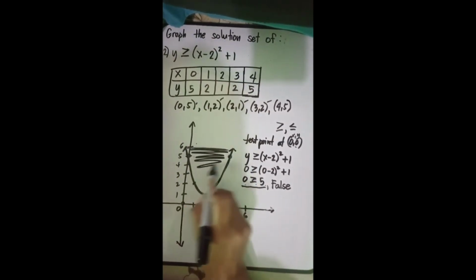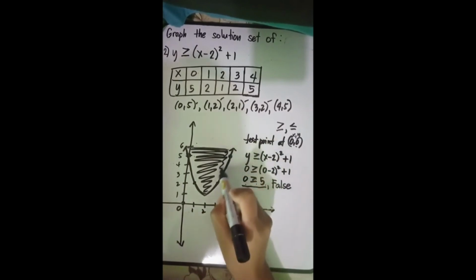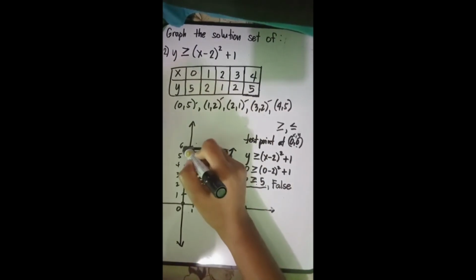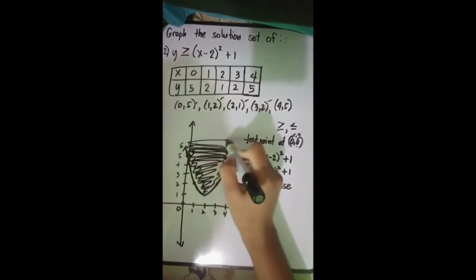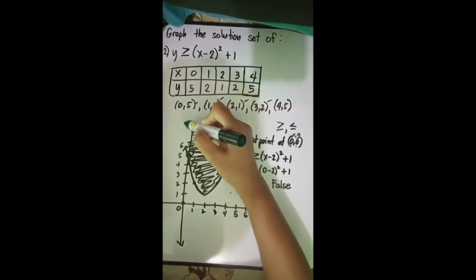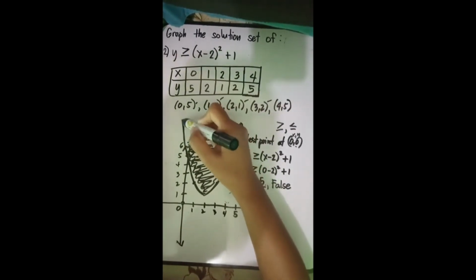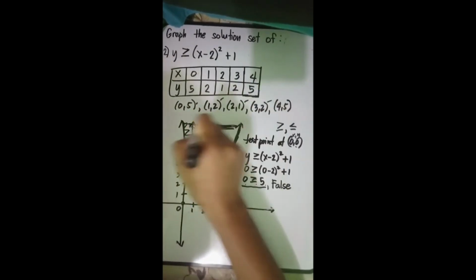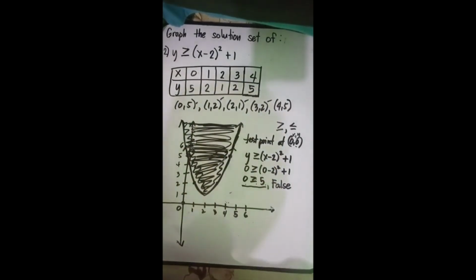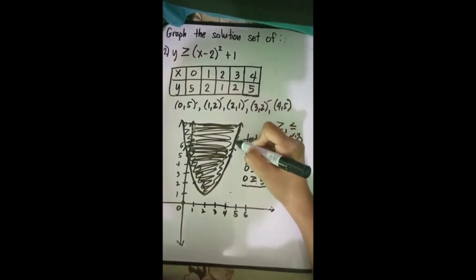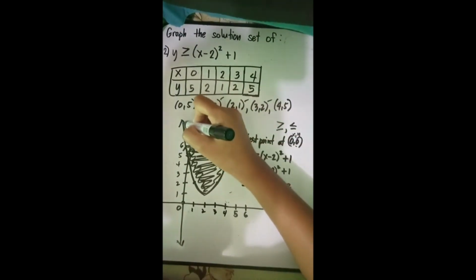Isi-shade natin ito. Okay? Isi-shade natin yan. Ibig sabihin lang nito, lahat ng points na nasa interior or above our parabola, extend natin. Yan. Okay. Lahat ng mga to, lahat ng points na nandito sa shaded region are part of our solution set, including the points along our parabola.